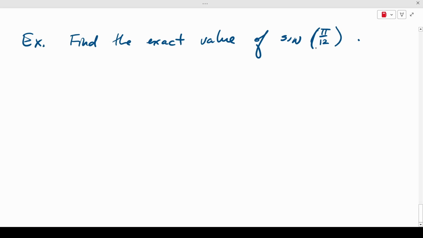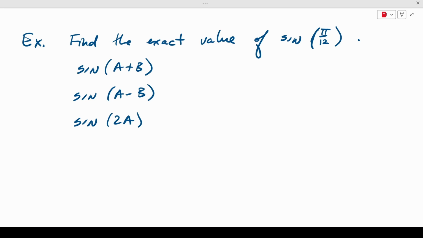Okay, so I want to find this exact value. What I would like to do is use either sine of a plus b, sine of a minus b, or sine of 2a, where I'm representing pi over 12 in one of these other ways, and the a and the b, or just the a, are special angles that I can evaluate.